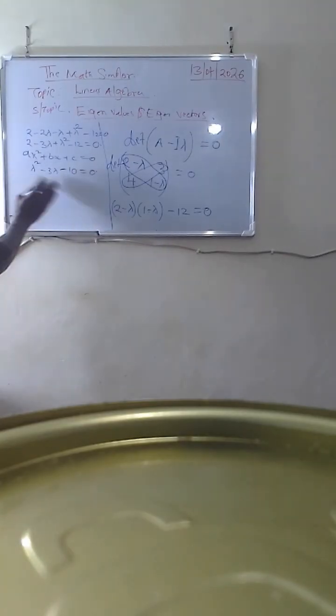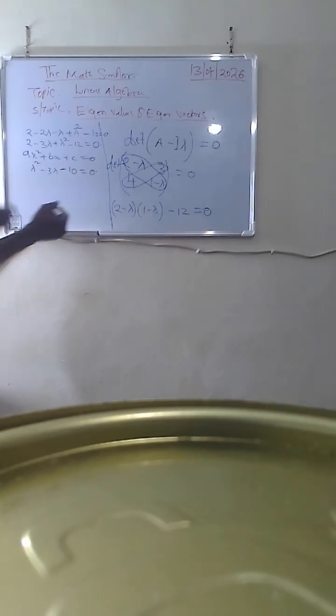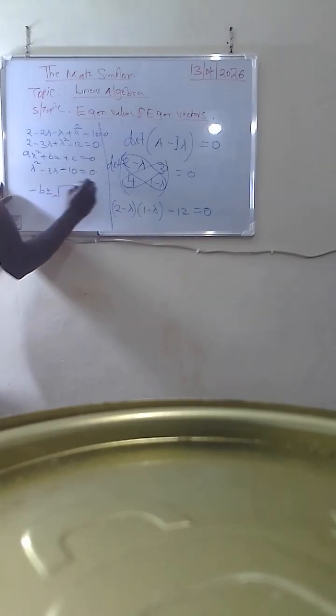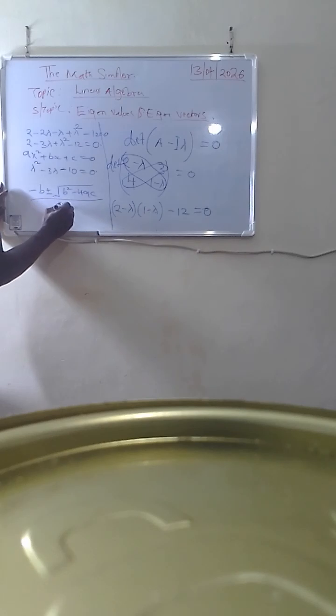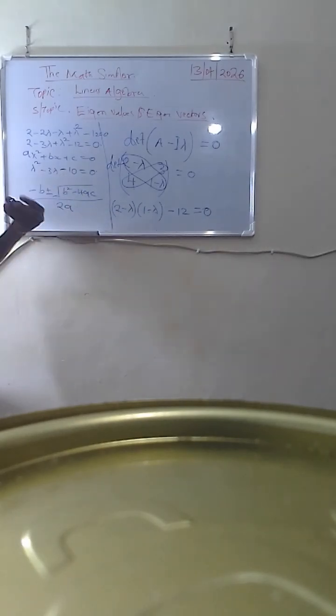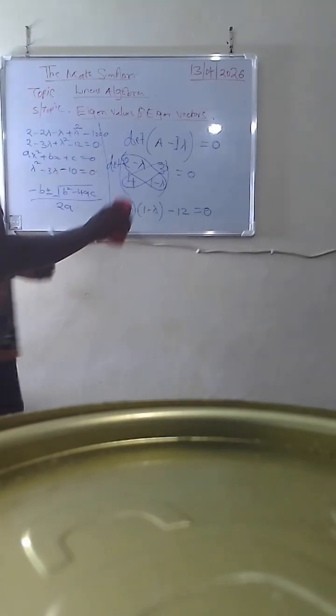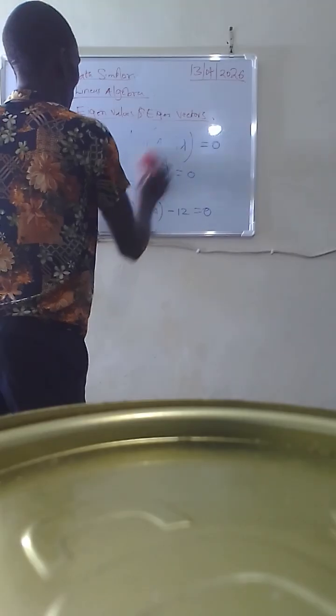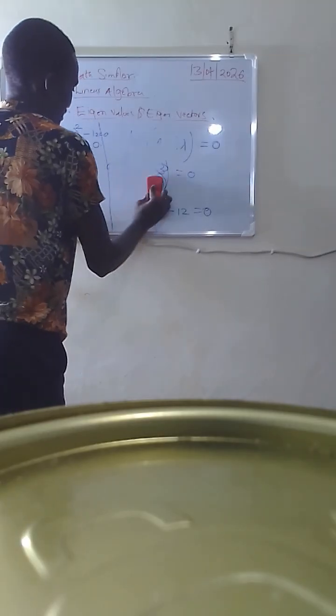The next thing, yesterday we just tackled our quadratic formula: negative b plus or minus the root of b squared minus 4ac, all over 2a. We are going to use that formula to find the values of lambda. Maths is very easy.